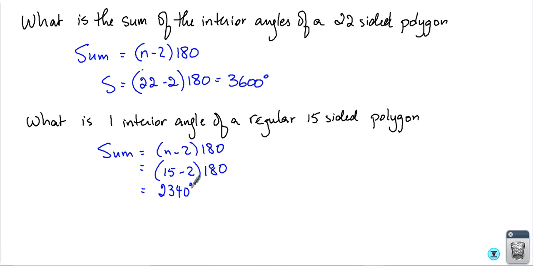That is the sum. Therefore, one of the angles is going to be 2340, the sum, divided by 15 angles which I have, and that gives a value of 156 degrees. So each interior angle of a regular 15-sided polygon is 156 degrees.